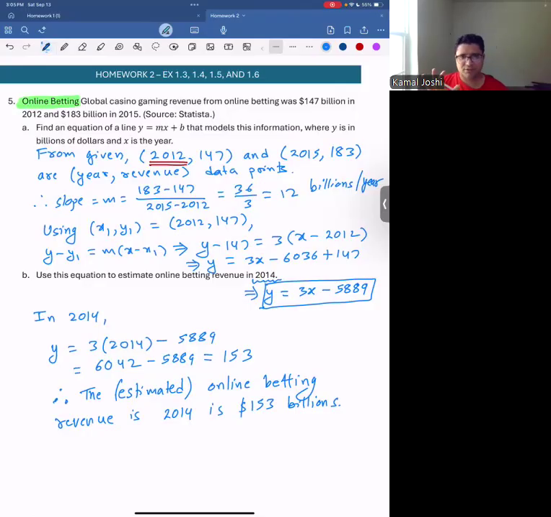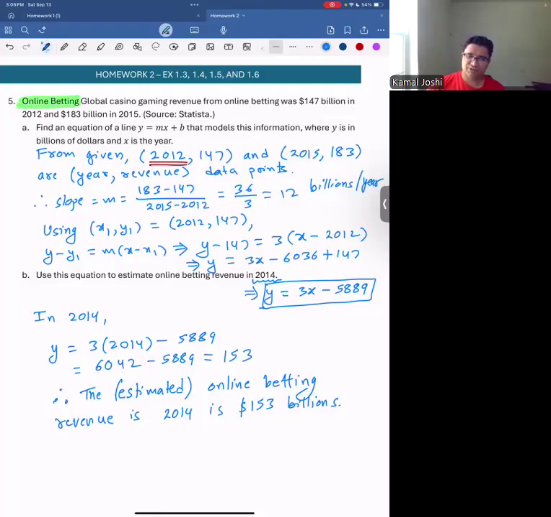So basically, the question is about understanding that the years are your x values and the revenue is your y value. Then you take 2 points from the given data, so we can get the equation of the line because we have x1, y1 and x2, y2. We get the slope and then the equation. Then if any other question is asked, you can plug in, right?